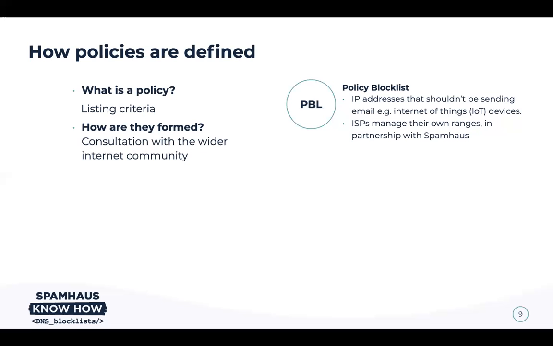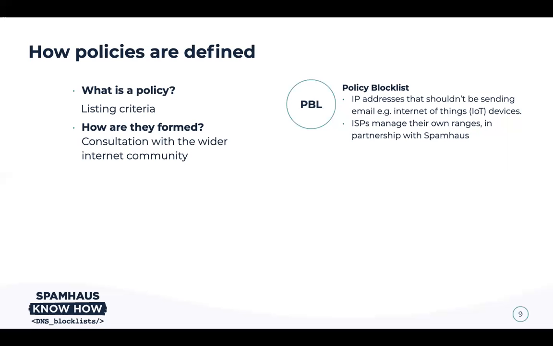But these things all influence what kind of policies we build around our data sets. And I think one of the unique parts of what we do at Spamhaus is that we actually work with the wider community to inform the policies and to distill what the wider internet community would like to see in a data set. We distill that down into our data sets.